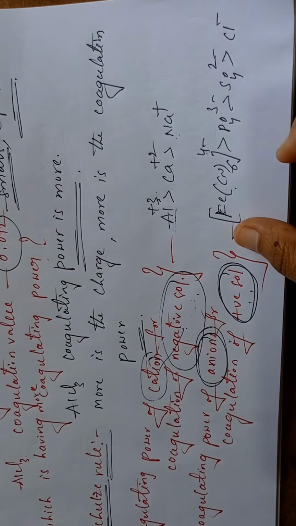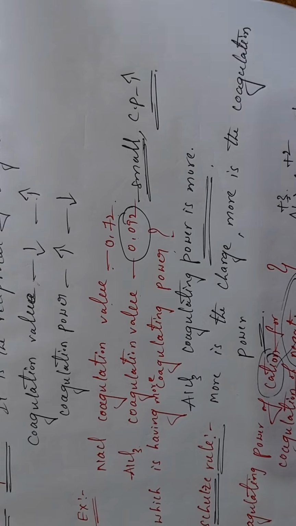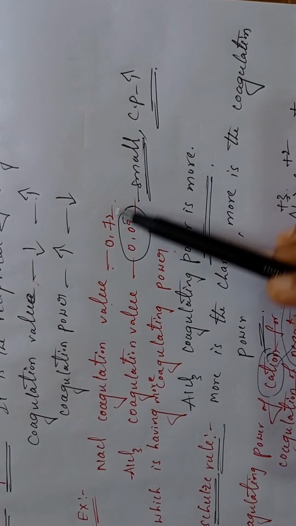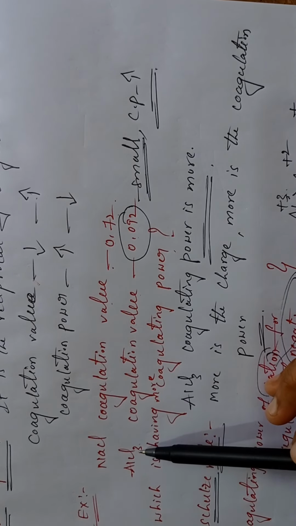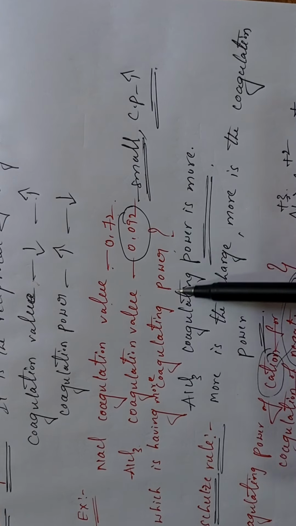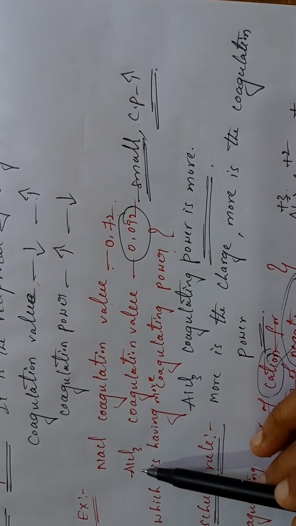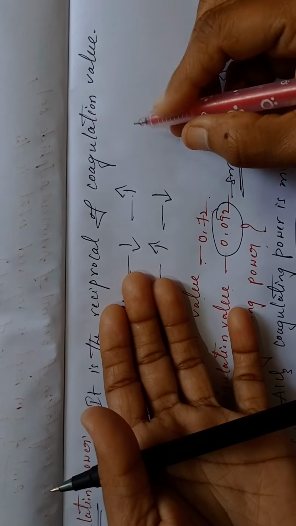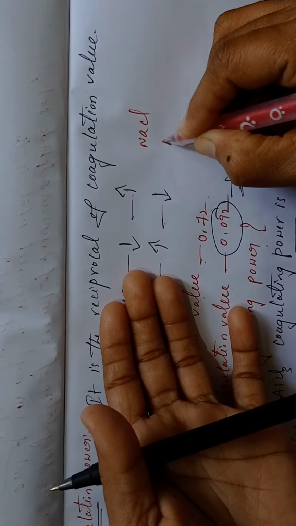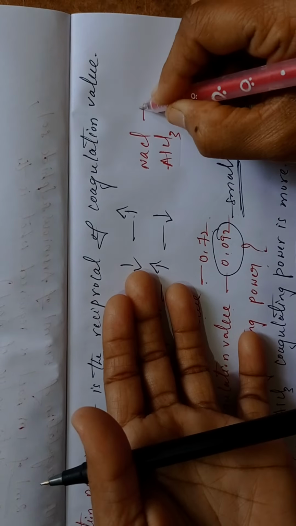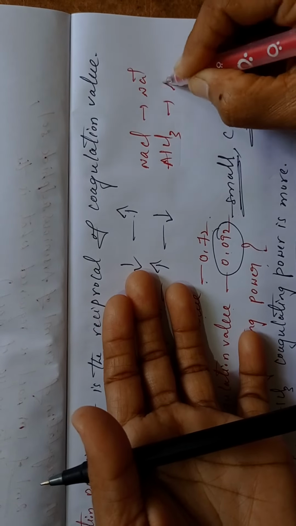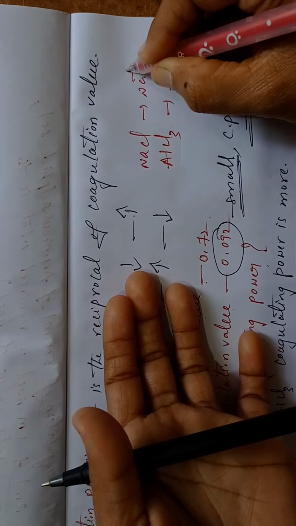Understanding, students? So in the above example, if I take NaCl and aluminum chloride, which has the more coagulating power, I asked. In NaCl and aluminum chloride, students, Na plus and aluminum, which charge? Plus 3. Are you clear?